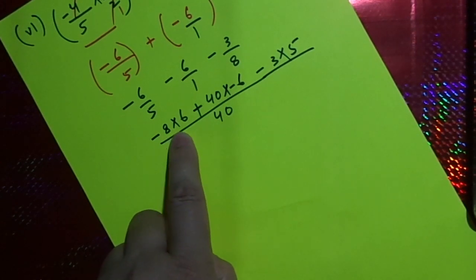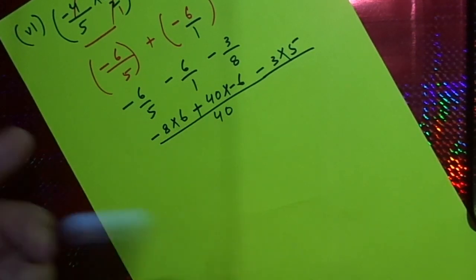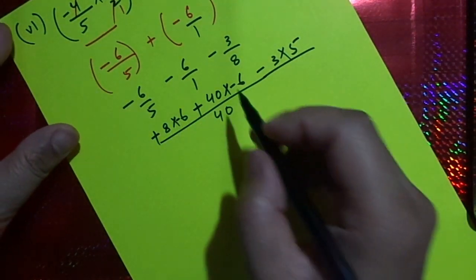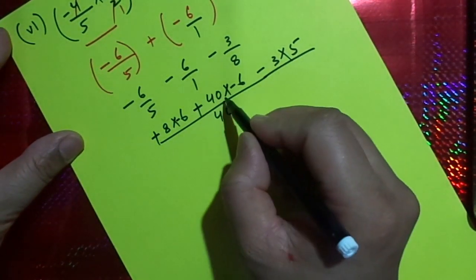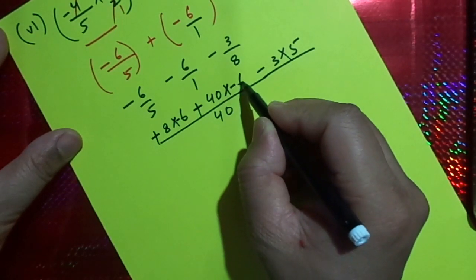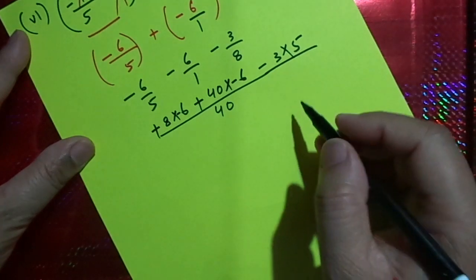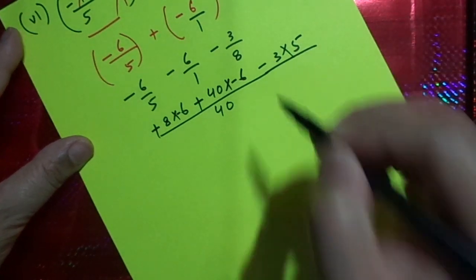So 8 multiplied by minus 6, I'll better write 8 multiplied by minus 6 over here. Similarly, 40 multiplied by minus 6, and 40 divided by 8 is 5. So 5 times minus 3.